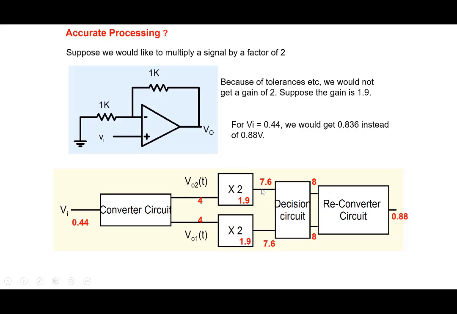Is it 0, 1, 2, 3, 4 up to 9? Even if it becomes 7.6 or 7.4 or 7.3, as long as it is more than 7.5, whether 6, 7, 8, 9, anything, the number would be 8. So it is robust to errors and noise up to a particular point, obviously.